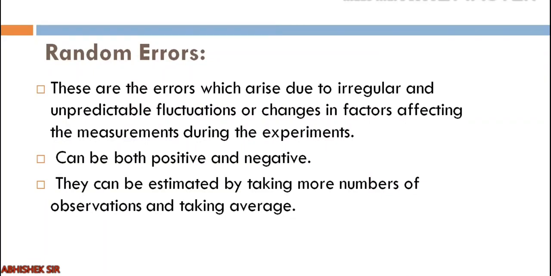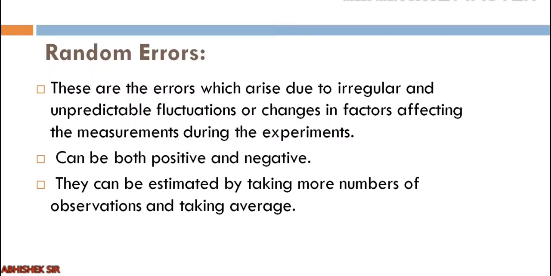Now moving on to the last type, that is random error, and these errors occur irregularly, they occur suddenly, right? They are random in magnitude and direction, so that is why they are random error. These errors arise due to irregular and unpredictable fluctuations or changing of factors which are affecting the measurement.